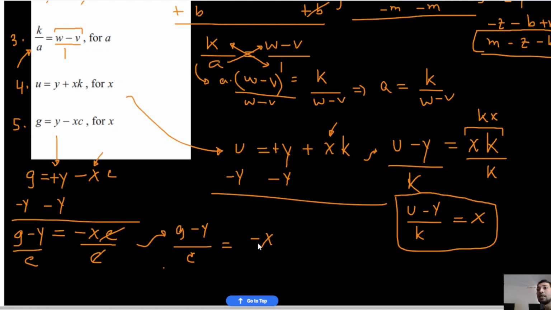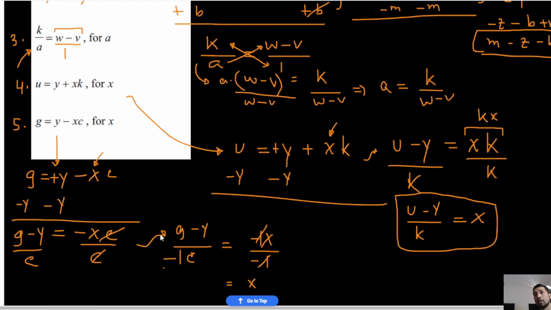Now we know that this negative sign represents negative 1, and we need to get rid of this negative 1 by simply doing the division by negative 1. So if we divide both sides by -1, we can see that this is g minus y over -1c. So let's try to simplify. -1 cancels out here.